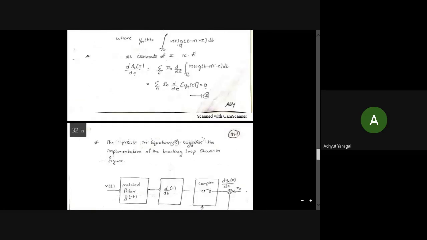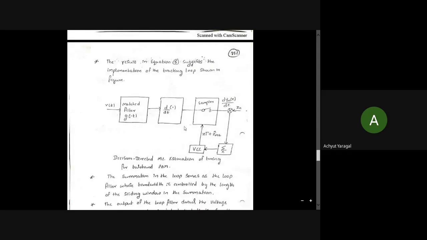The same method has been implemented with this particular figure. In this figure, you can see the received signal is given to the matched filter, where g of t is the pulse, and it has been differentiated with respect to t. Then it is given to the sampler, where it is sampled.